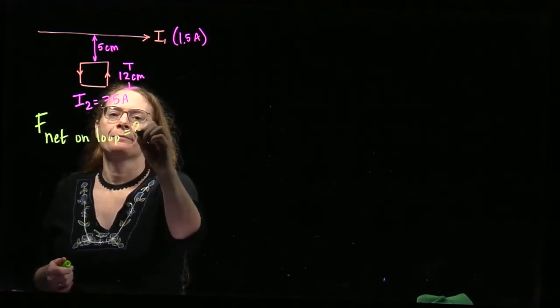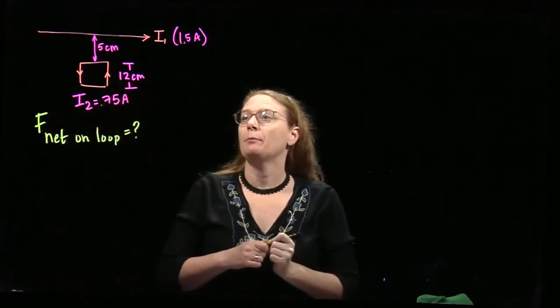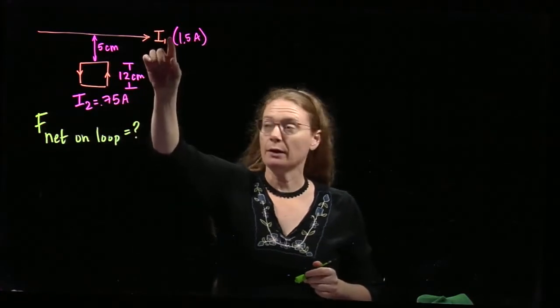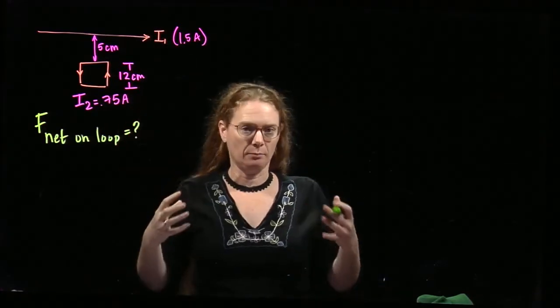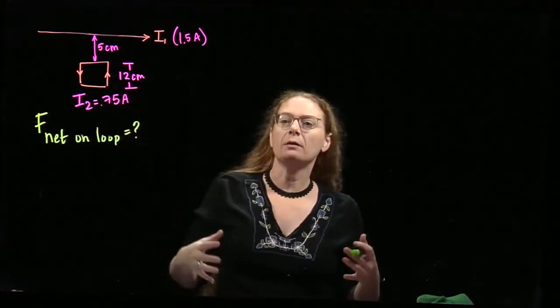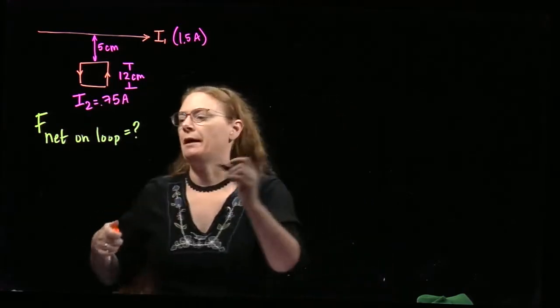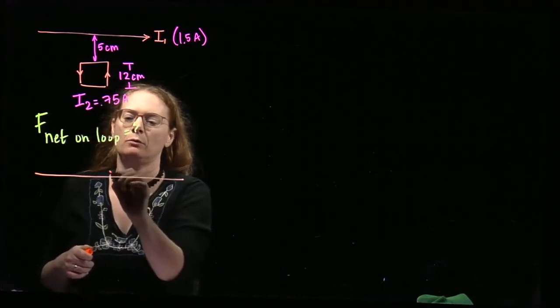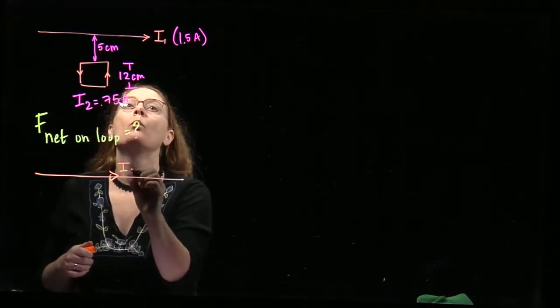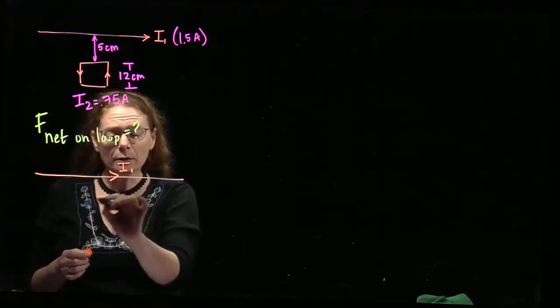All right, so to begin with, I'm going to focus on I1 because that is the thing causing the magnetic field. So the magnetic field that we care about is caused by I1, so let's just start with that. Got current going this way, I1, and then imagine the loop here.